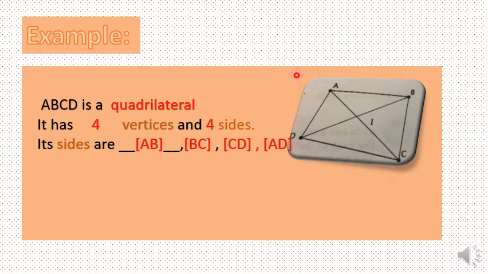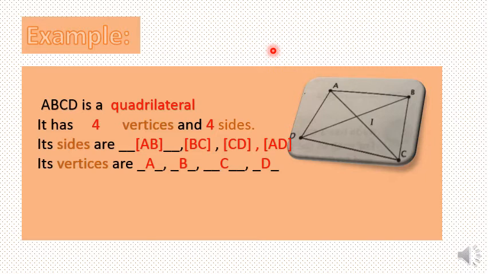AB, BC, CD, and AD. It has 4 sides. Its vertices, the points, are A, B, C, and D.